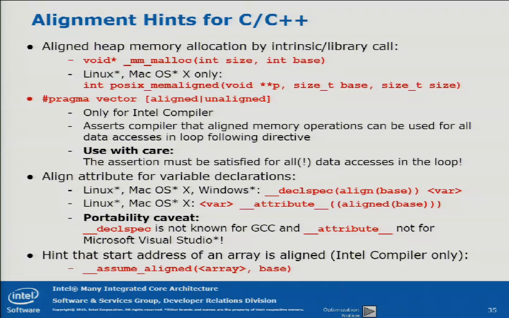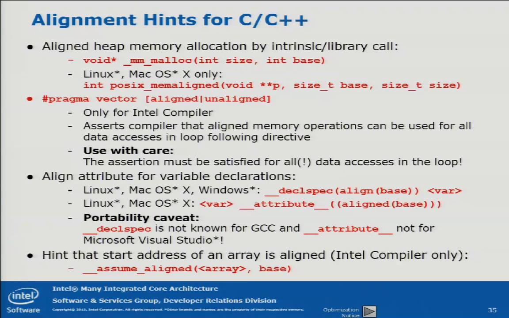So POSIX usually doesn't have a malloc requirement on alignment. It's just alignment on the base type. That's important. So with _mm_malloc, you can give an int base argument, which gives you the alignment, basically.